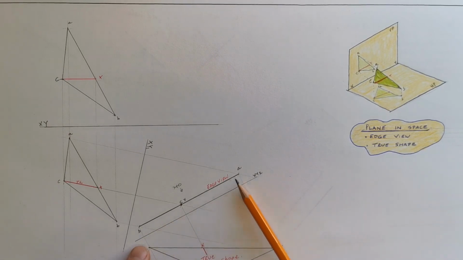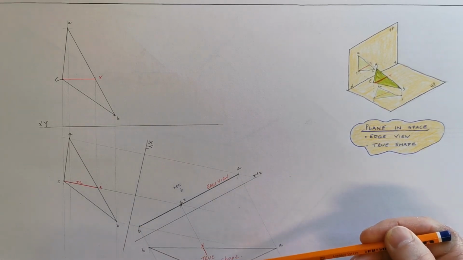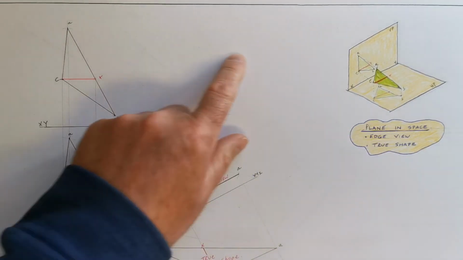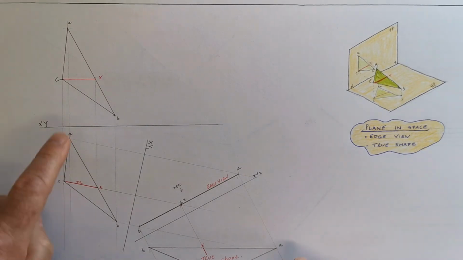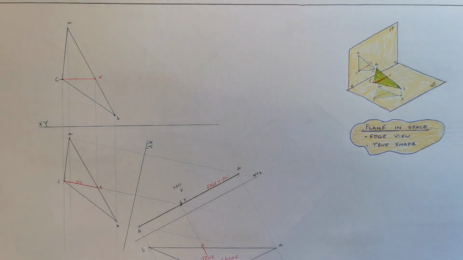That will always give you an edge view of the plane, and if you look at 90 degrees to the edge view, you will see the true shape. And an awful lot of these questions is based on understanding that and being able to do it. So that's a good starting point. I hope you enjoyed that.